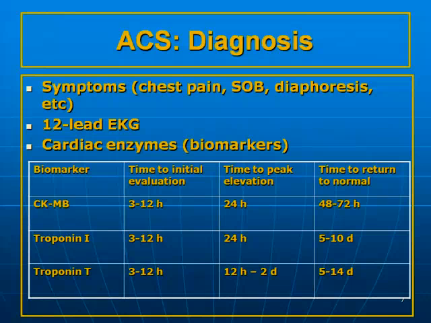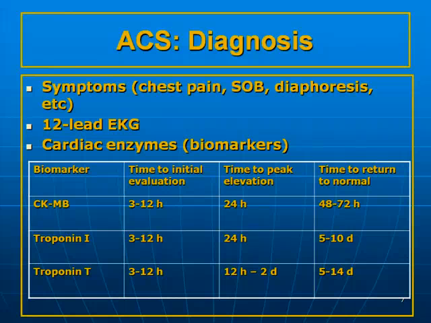But for non-ST-ACS, enzymes are crucial for making a diagnosis. And I think the important thing you recognize is that when you look at the troponin test versus the creatine kinase MB isozyme test, their pharmacokinetics are not all that different in terms of time to initial appearance in the bloodstream, somewhere between 3 and 12 hours.